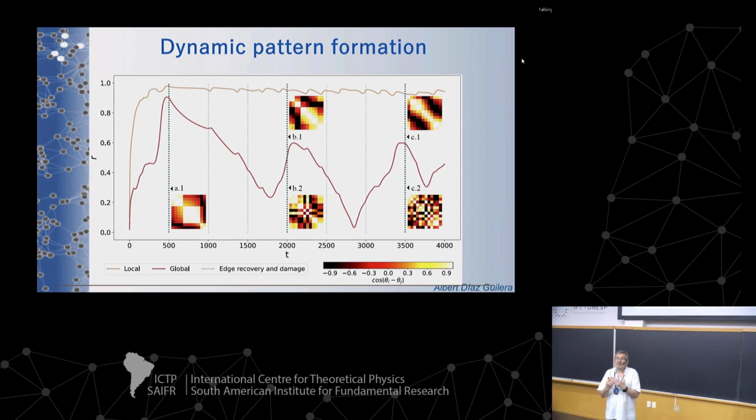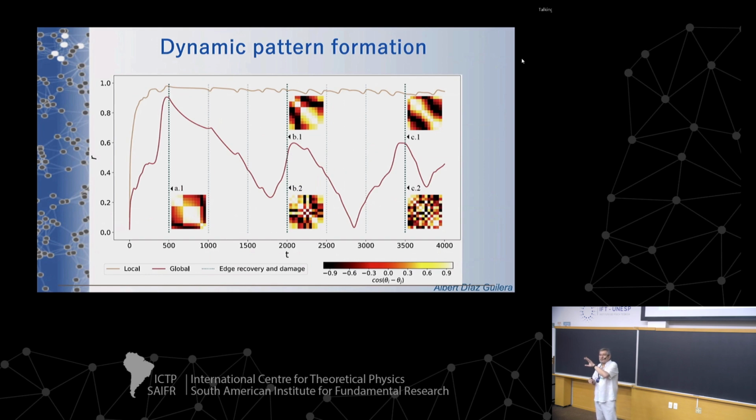But actually, this is what you expect in the brain for sure. Of course, I was saying I'm not trying to make any model of the brain. But I think this can be a nice way of making these perturbations in the system.